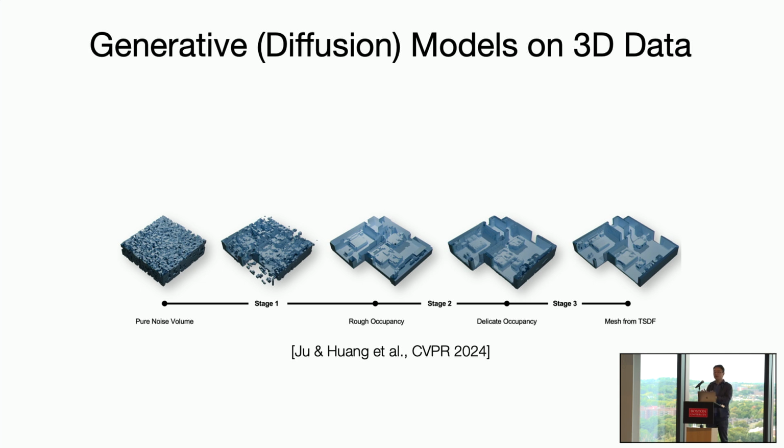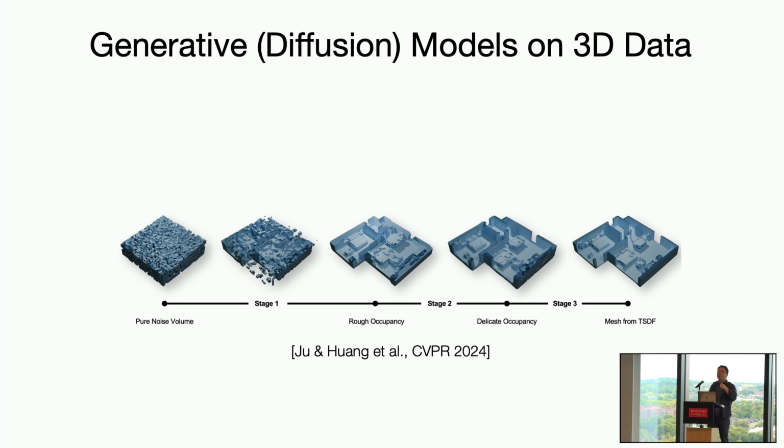So in order to generate a 3D scene, you may say we can simply replicate the success of 2D diffusion models in the 3D domain. For example, what I'm showing here, on the left, we have some noisy voxels. By voxels, I mean cubes existing in 3D. You can imagine we can partition the entire space into a set of cubes, in analogy to pixels on a 2D image plane.